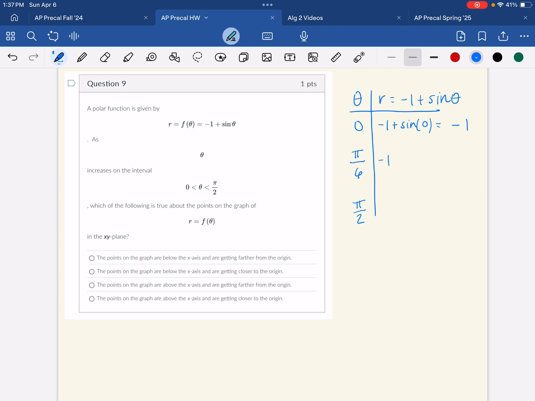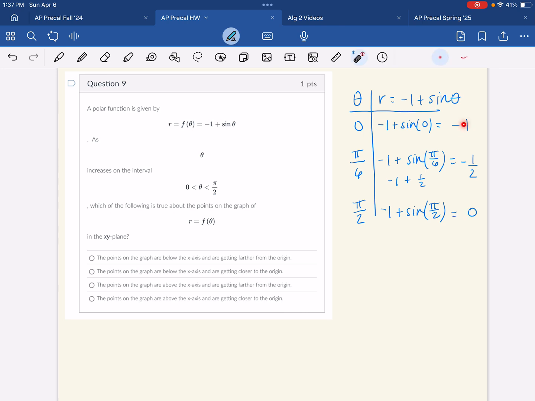I'm going to plug in pi over 6, so -1 plus the sine of pi over 6. Let's see. -1 plus, oh right, a half. So I'm getting -1/2. And then if I plug in pi over 2, -1 plus the sine at pi over 2. Sine at pi over 2 is 1. Okay, so I get 0.